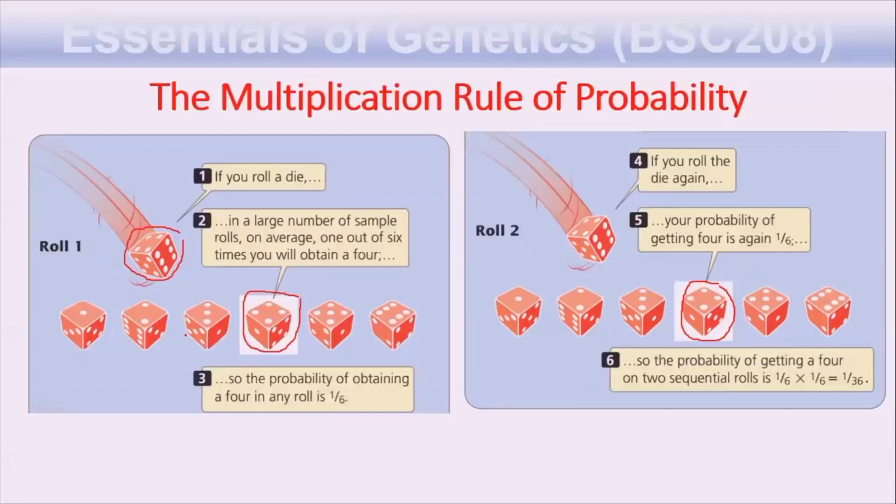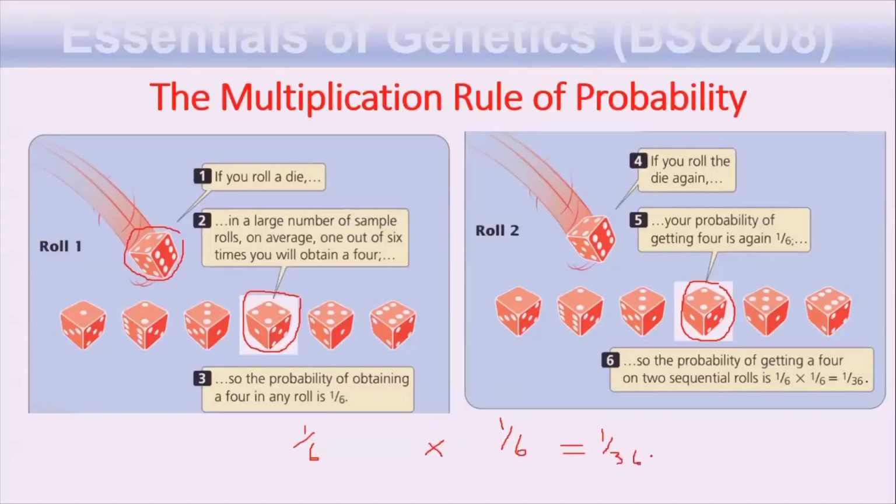So probability during first roll was 1 by 6, and probability of second roll was also 1 by 6, obtaining 4 on top. So if we want to get the combined probability of these two events, we will just multiply these two events, and then the probability of these two events will be 1 by 36.